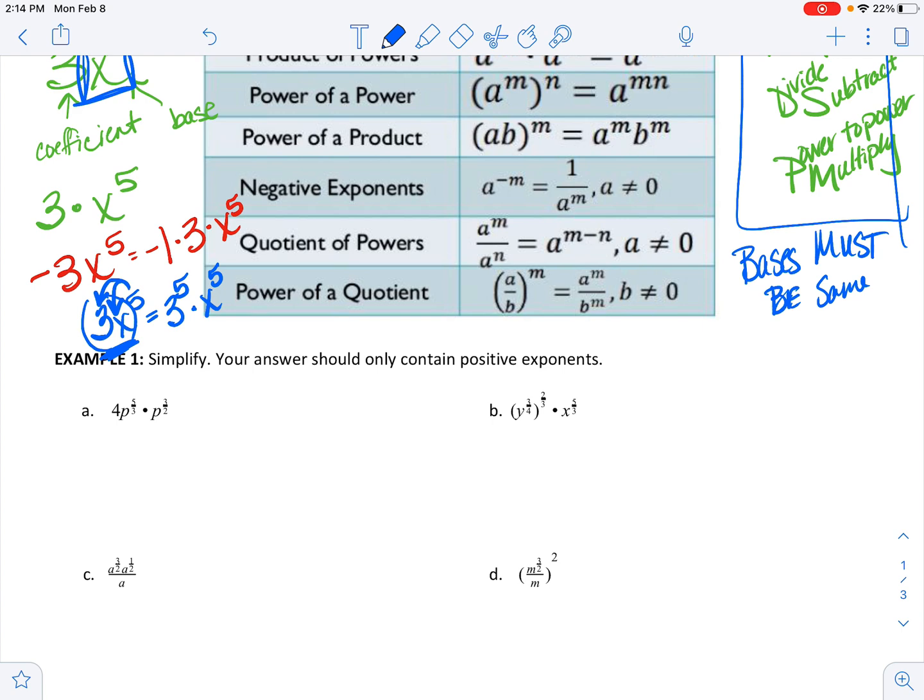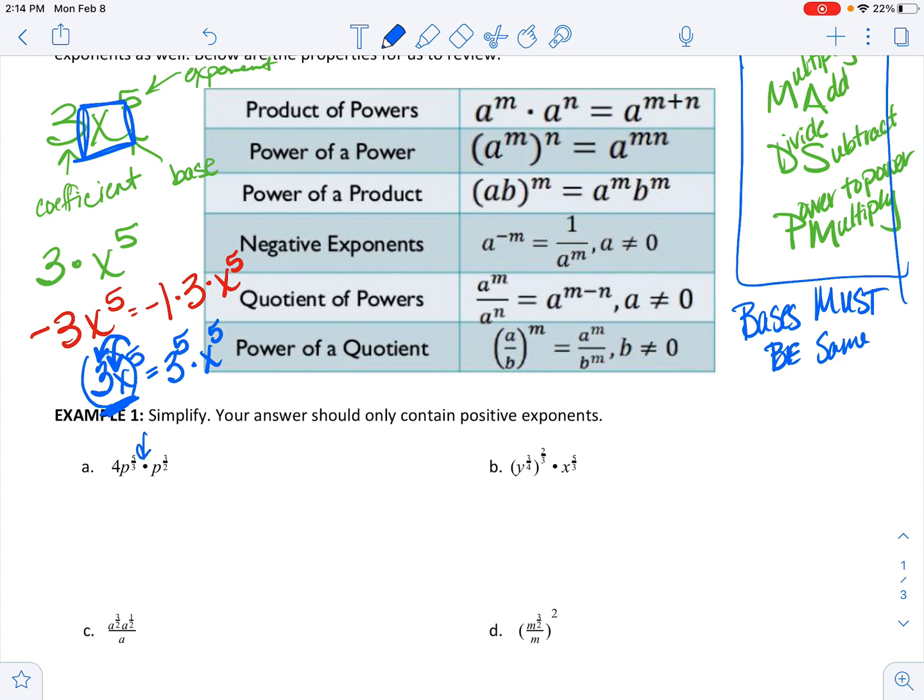So, I'm multiplying. And I'm going to multiply the coefficients. There's a coefficient of 1 in front of this, so 4 times 1 is 4. And I add my exponents. My base stays the same, and I'm going to do 5/3 plus 3/2.